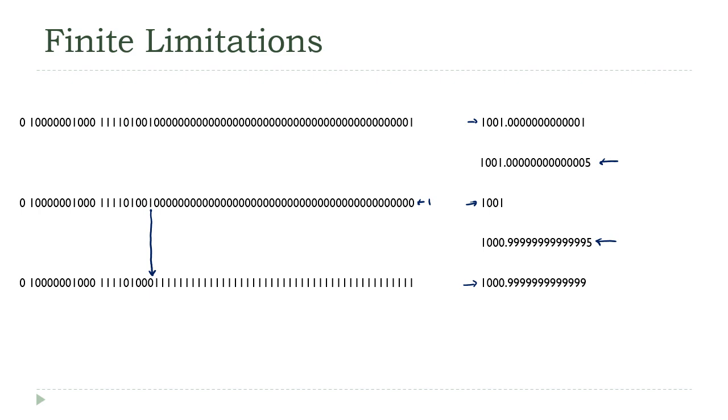Otherwise, you round down. So for that system, any number that is between these two midpoints is going to get rounded to 1001. Any number that is outside of them either gets rounded up or rounded down, depending on which side it's on.